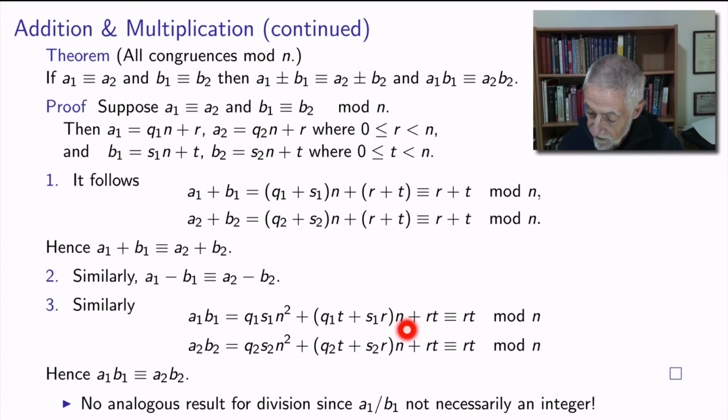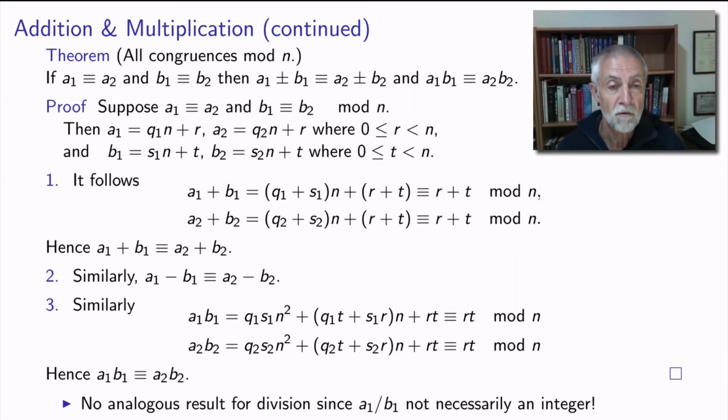So we will get q1 t plus s1 r, that's q1 t plus s1 r times n, plus the fourth term in the cross multiplication, which would be rt here. And these terms here are all multiples of n, so the result is just rt. It's congruent to rt modulo n. And similarly, exactly the same argument shows that a2 b2 is congruent to rt modulo n. So that means that a1 b1 and a2 b2 are congruent modulo n. And so that's the end of the proof.